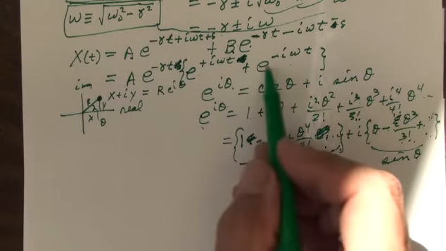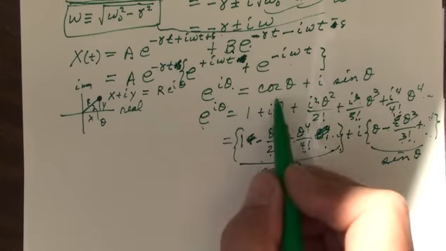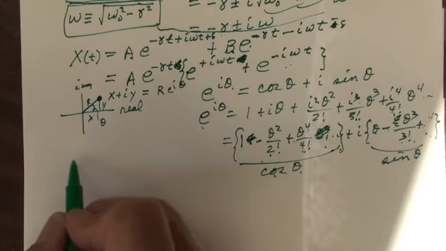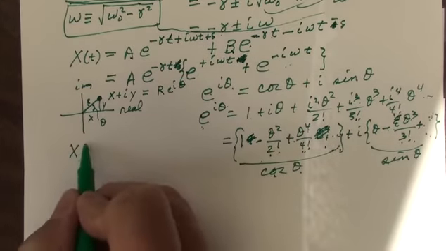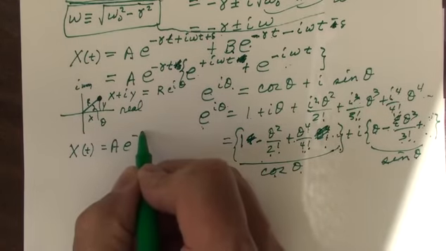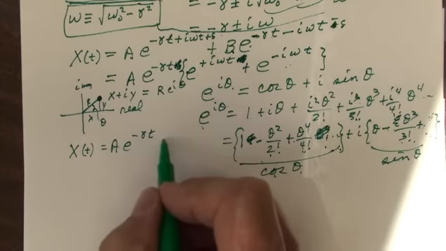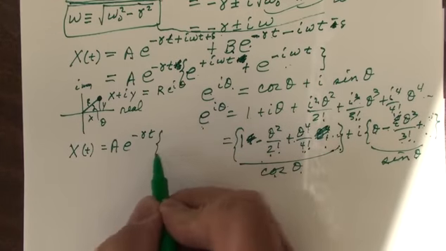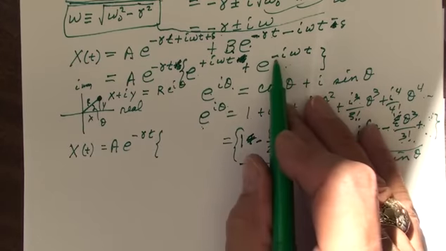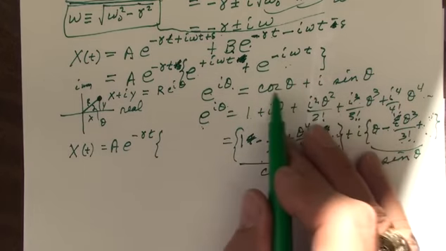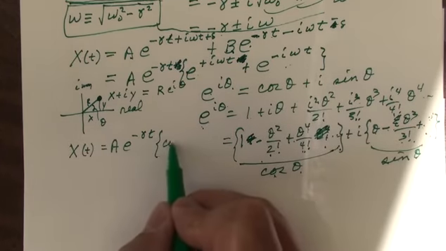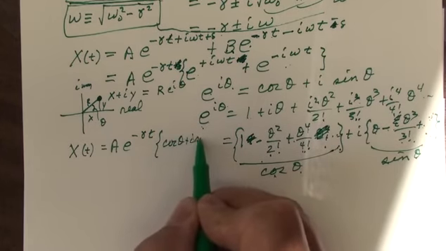So now, where does that lead us? It takes us back into knowing how to take these two terms here and write the solution x of t is equal to A e to the minus gamma t, and we'll leave the phase out for the moment, times, if I take the sum of this and the one with the negative, you'll notice that I end up with cosine theta plus i sine theta, cosine theta plus i sine theta.